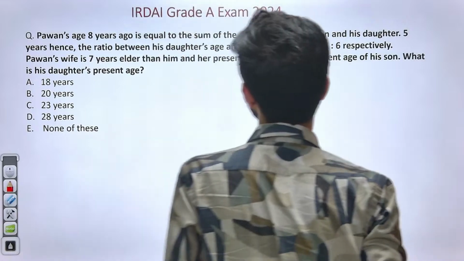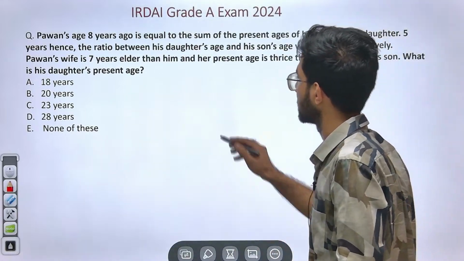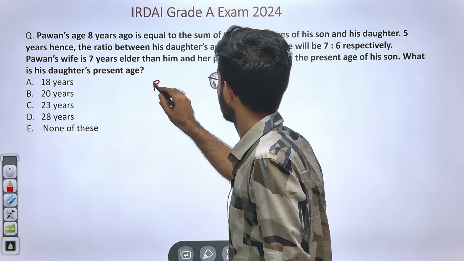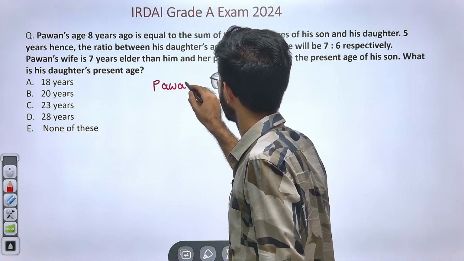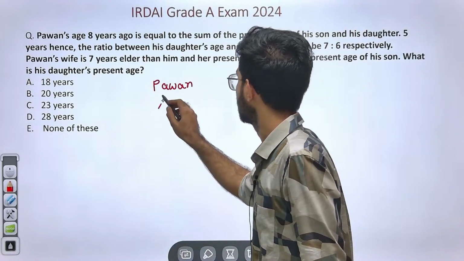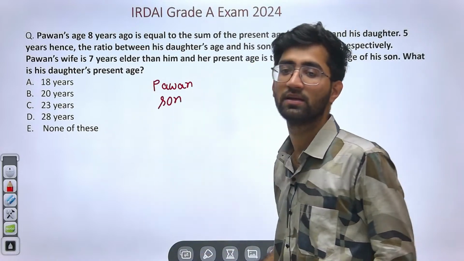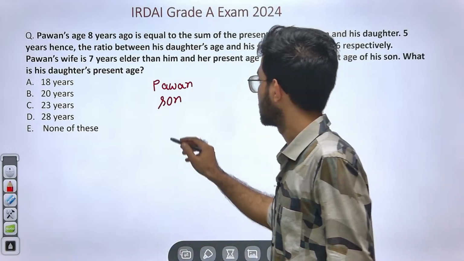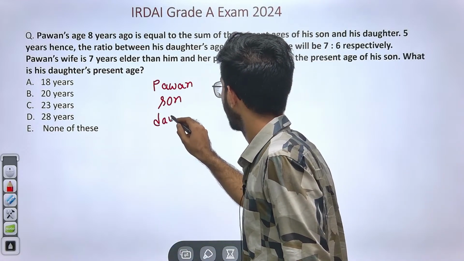So there are basically 4 persons in this question. There is Pawan. Then if you read further, we see that there is the son of Pawan. Then we find that there is the daughter of Pawan.